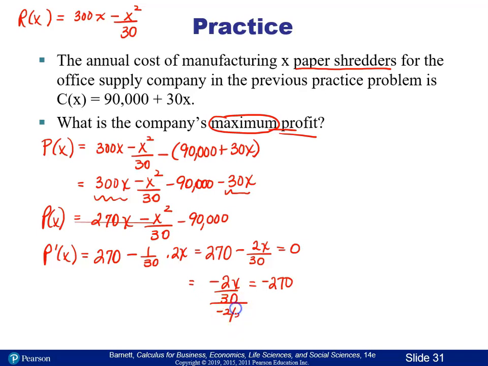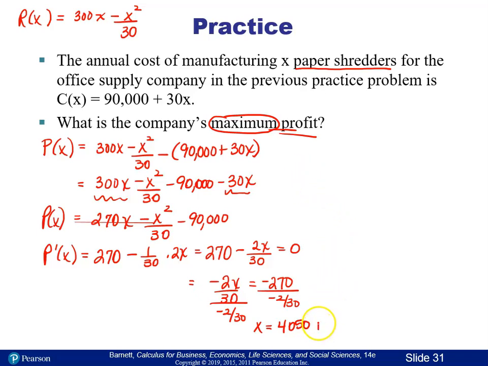I'm going to divide by the negative 2 over 30. And so x is going to give me, looks like 4,050.